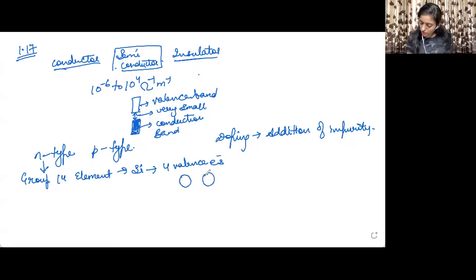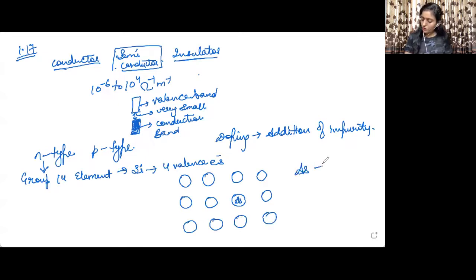So suppose these are the silicon atoms, and here we have put one arsenic. These are all silicon. Now in arsenic, what is the number of valence electrons? It is 5, because it is a group 15 element.